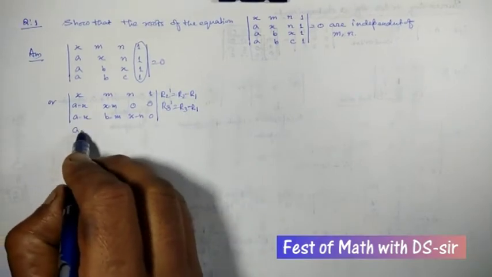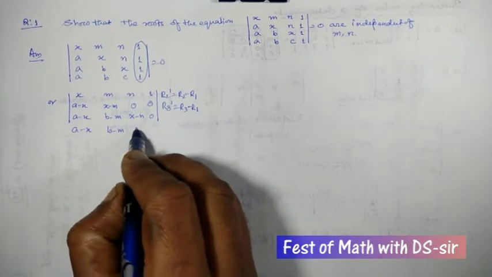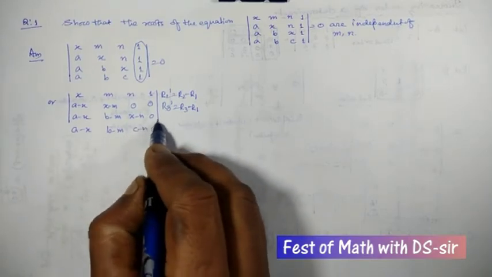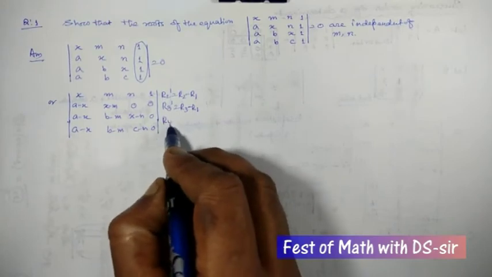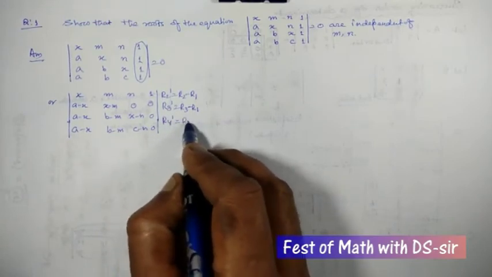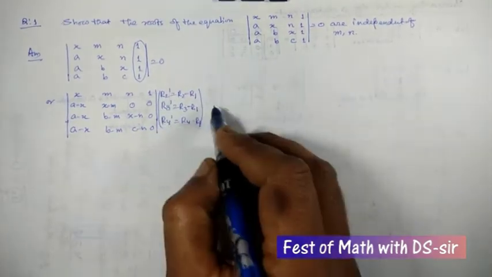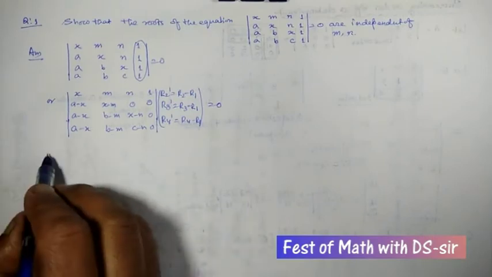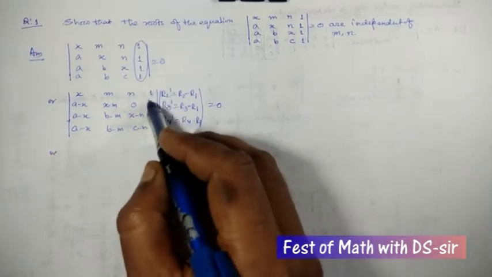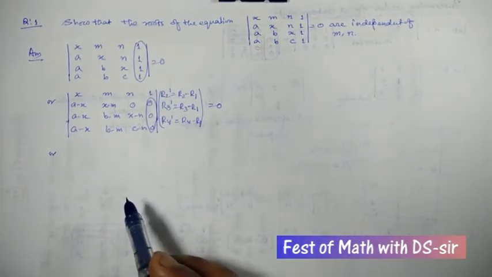And likewise, a minus x, b minus m, c minus n, 0. R4 dash is R4 minus R1, equal to 0. Now see, all other elements except 1 become 0.